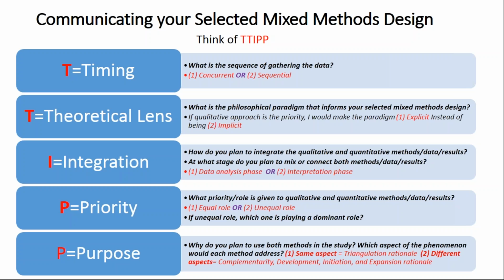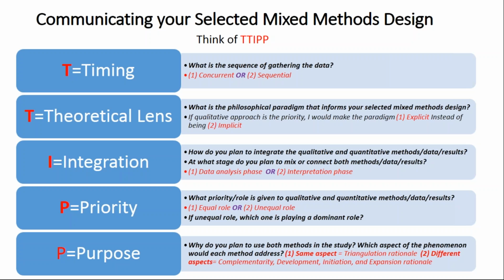Like there's the same phenomenon like mental health stigma, and you want to collect data, interview participants to understand mental health stigma. At the same time, use an instrument to maybe measure mental health stigma, right? You can see that for this approach, you are using triangulation approach because both data are addressing the same aspect of the phenomenon.